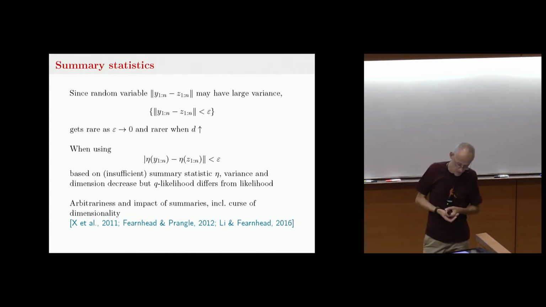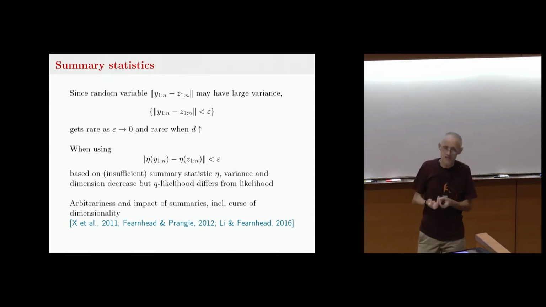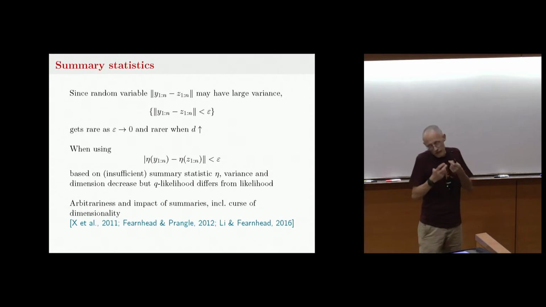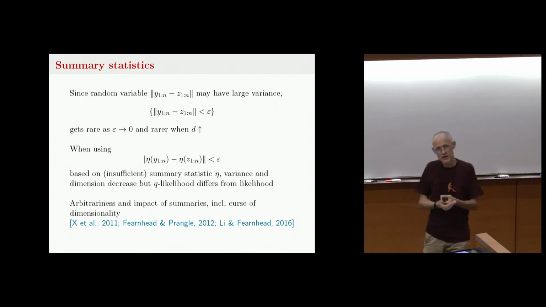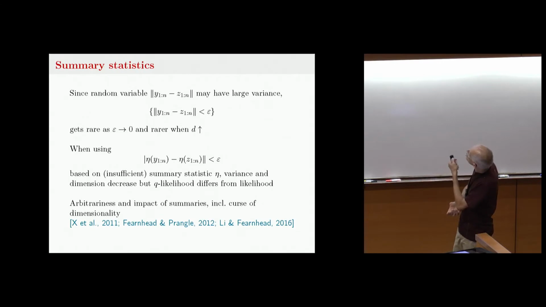And so one kind of standard, or gold standard, in ABC is to replace the data with summary statistics, whose primary reason to exist is that they reduce the dimension greatly, and therefore they push the proximity between the data and the simulated data to higher precision.